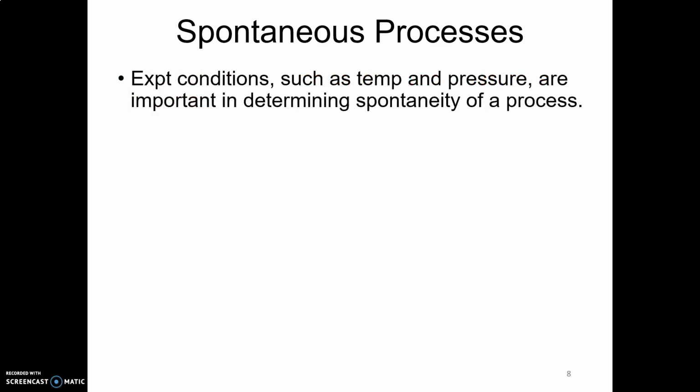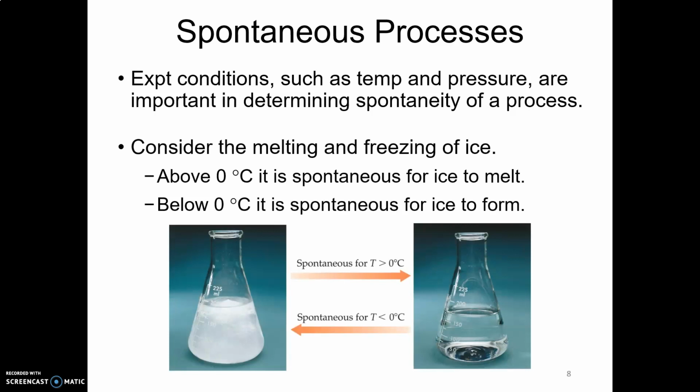So, conditions like temperature and pressure are important in determining spontaneity. Like if you take ice out of the freezer and you set it on the table or you put it in a glass, the ice is going to melt. Why?